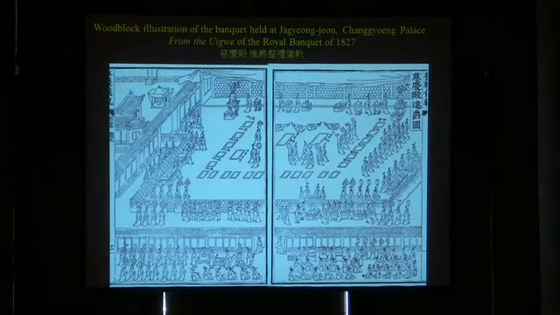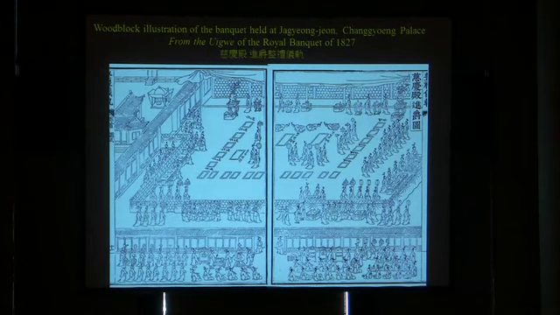And another banquet of 1827. This one is also printed, and so the illustration is of wood block. What is interesting in this is that some of the writings are in Korean, Hangul. So here you see, you read it this way, 명부, 명부, 명부, 명부. 명부 means appointed ladies.